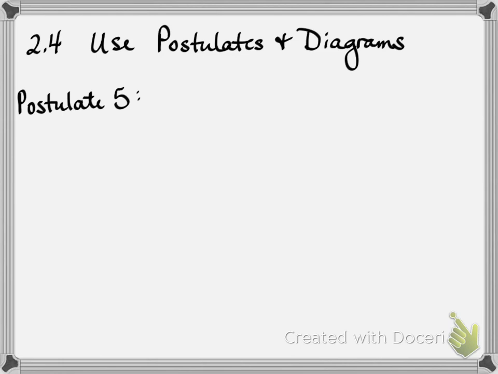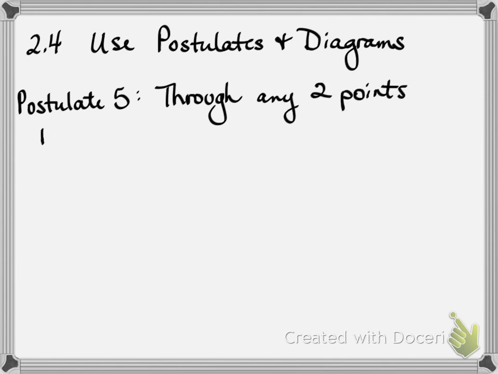So postulate 5 says through any 2 points, there exists exactly one line.